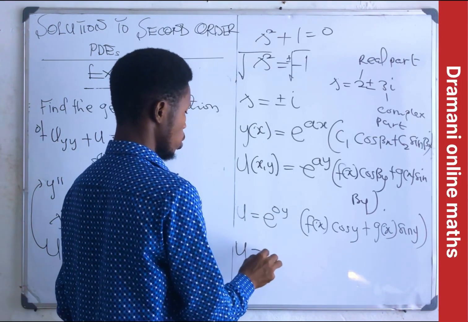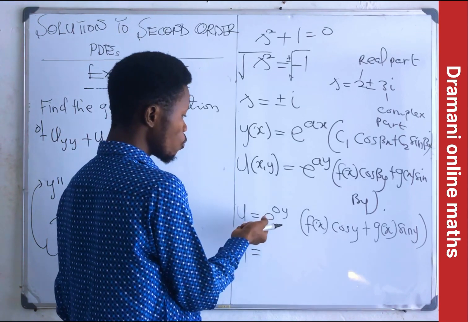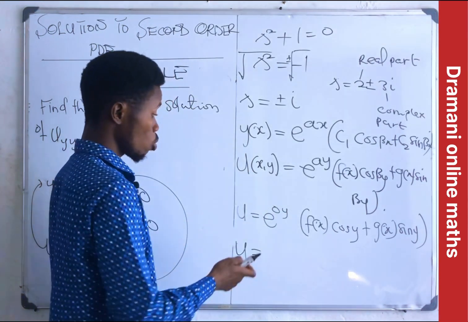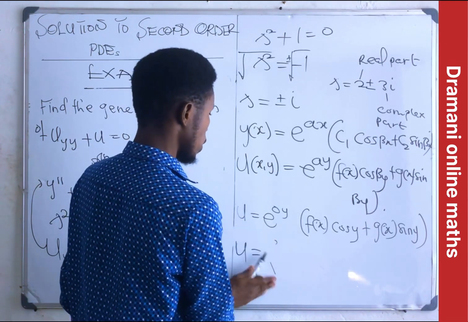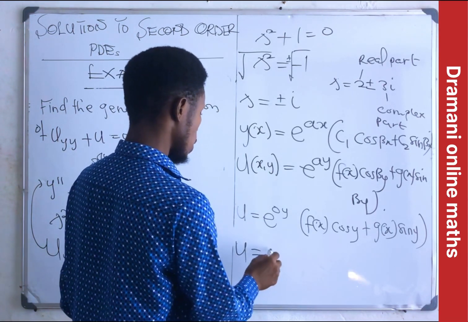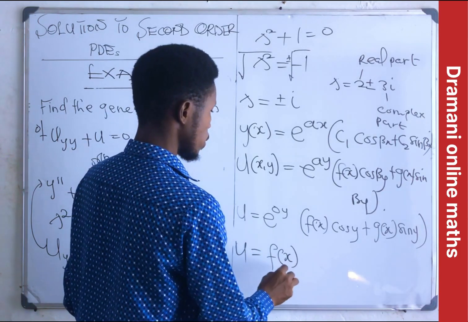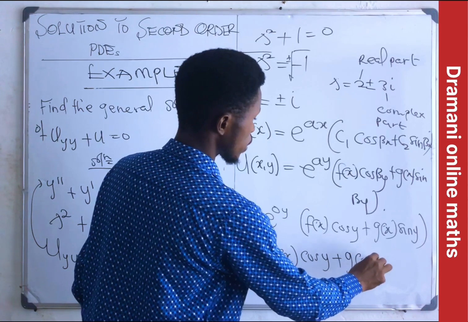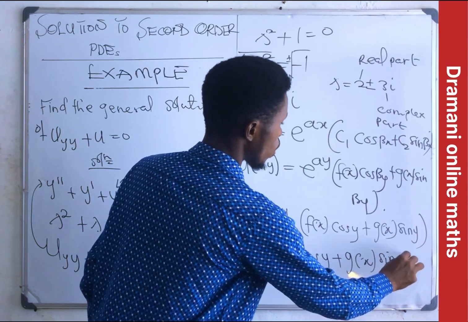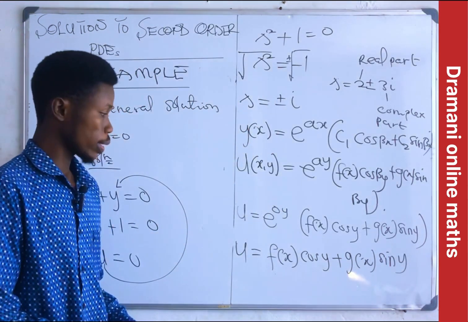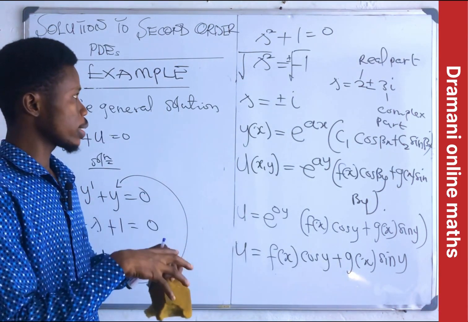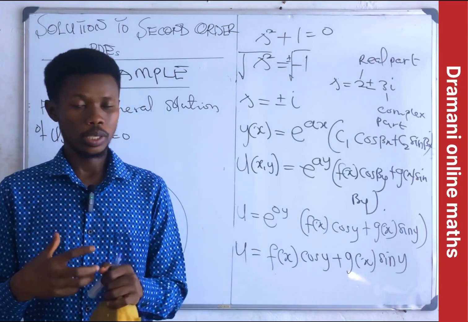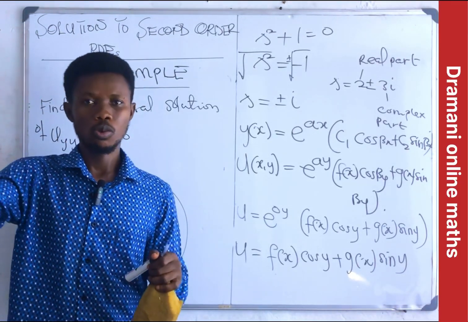So our final answer: 0 times y is 0, e to the power 0 is 1, so our final answer here becomes f of x cos y plus j of x sine y. What I'm trying to say here is that you should understand these things and make sure you're able to relate yourself to the ODE very well, because some of the questions need an idea from the ODE.